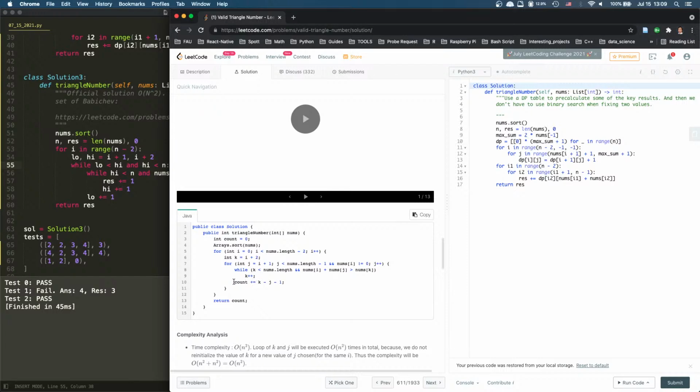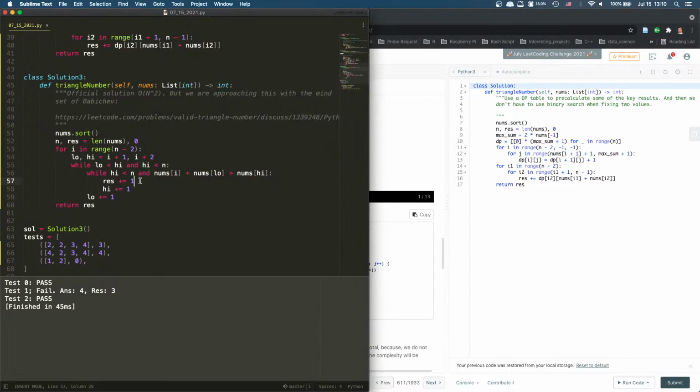Count equal. I think this is the key. We shouldn't do this. We keep going, keep going, keep going. Ah, yes, that's the key. So, no, it's not here.